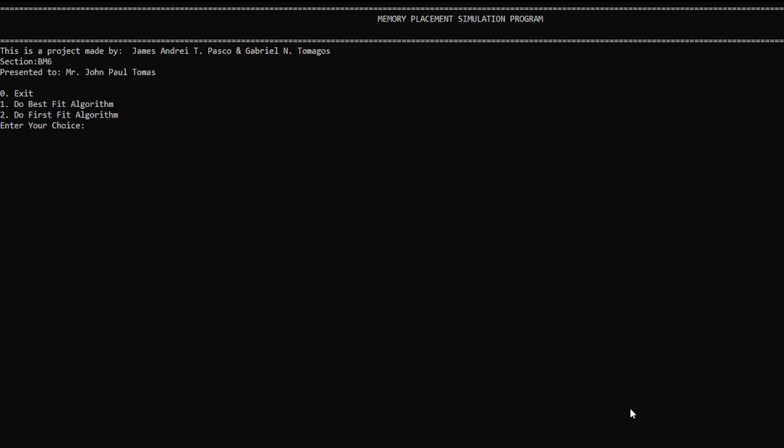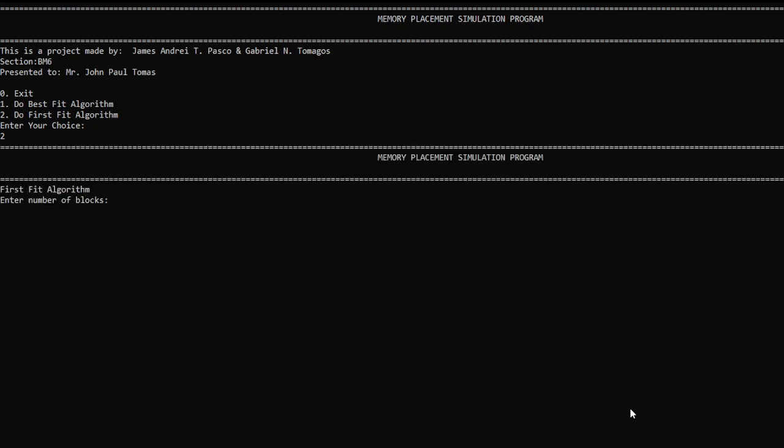Now that we choose the second option, number 2, it would be the same. It will ask for the memory block number and size. However, this time, when we input processes, we can see a time unit between them.